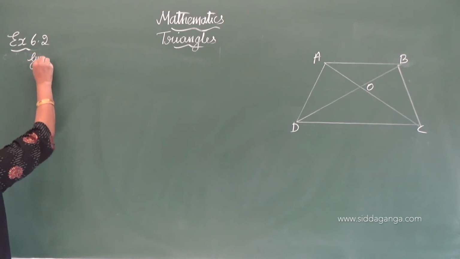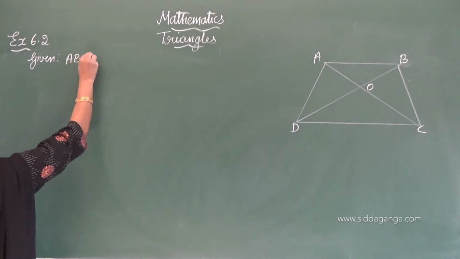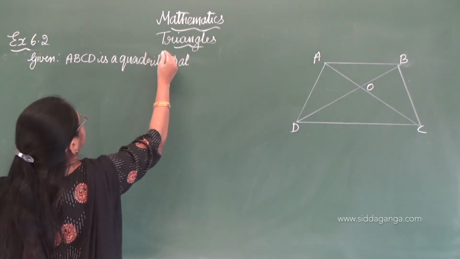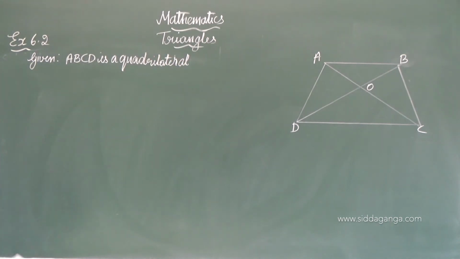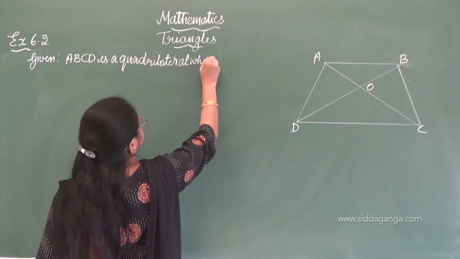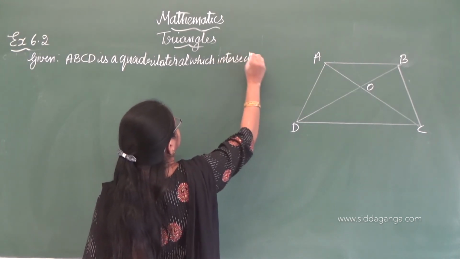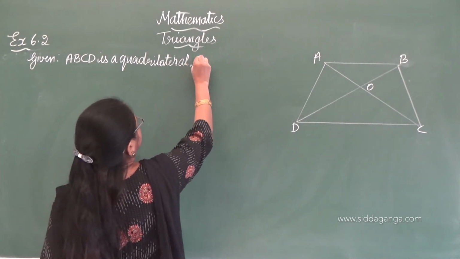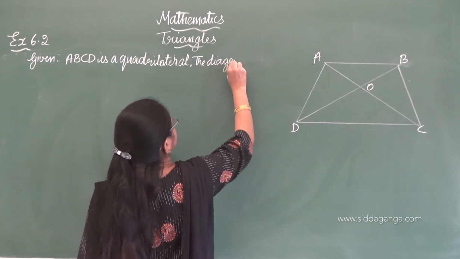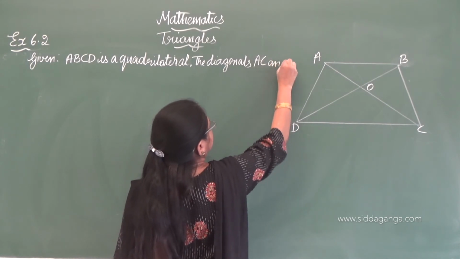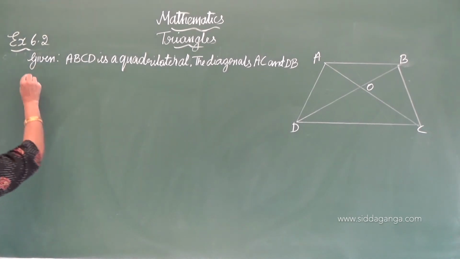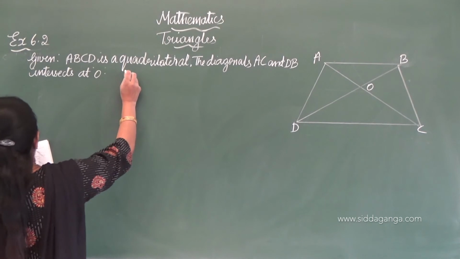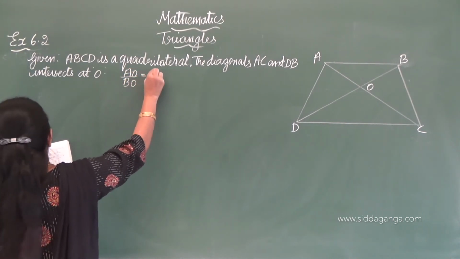First we will start with given. ABCD is a quadrilateral, the diagonals AC and DB intersect at O, and also given AO by BO is equal to CO by DO.